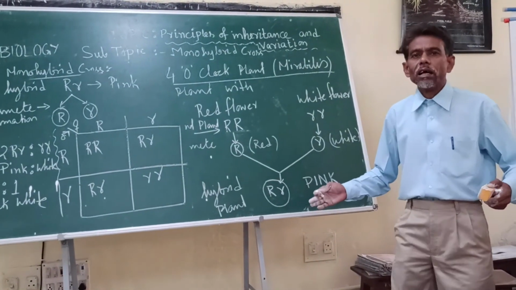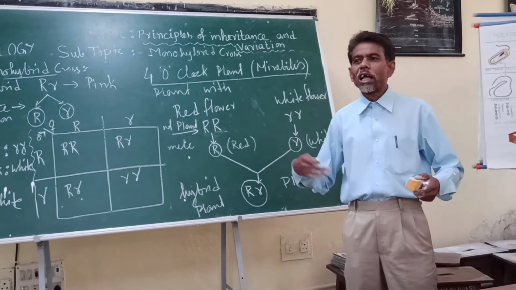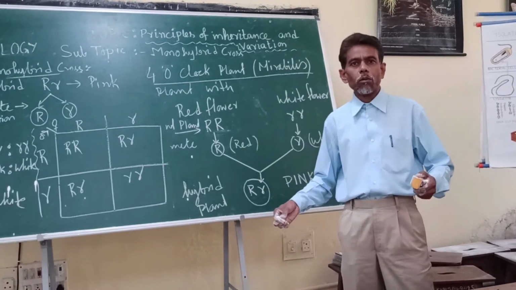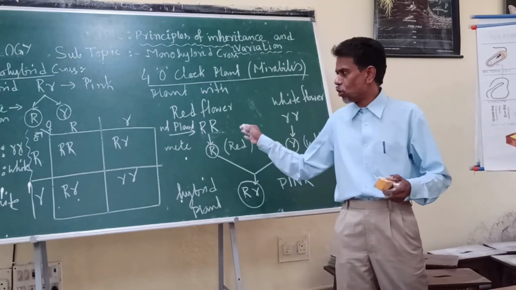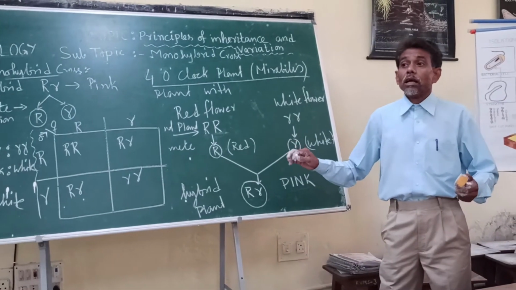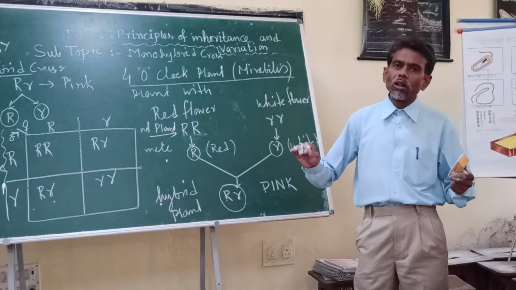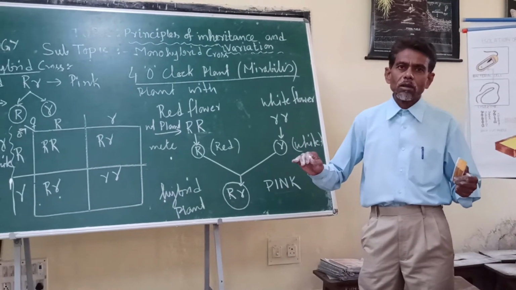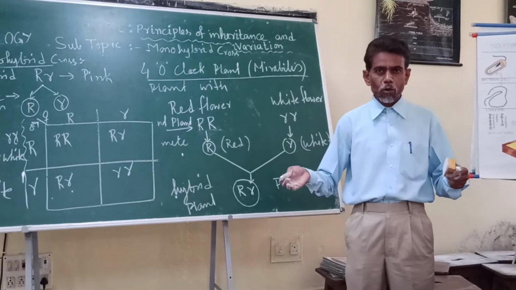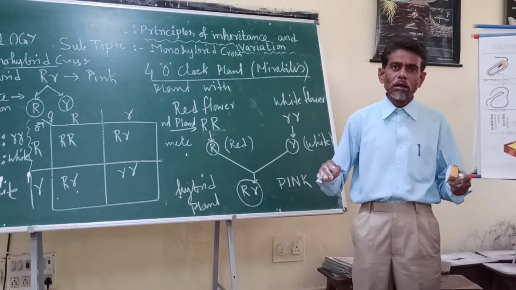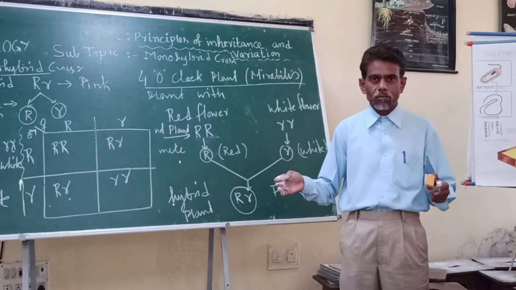We can explain it in terms of enzyme production also, but there is no point discussing it here. Actually all the genes are responsible for producing proteins, these enzyme proteins, which act on the substrate to give a product.